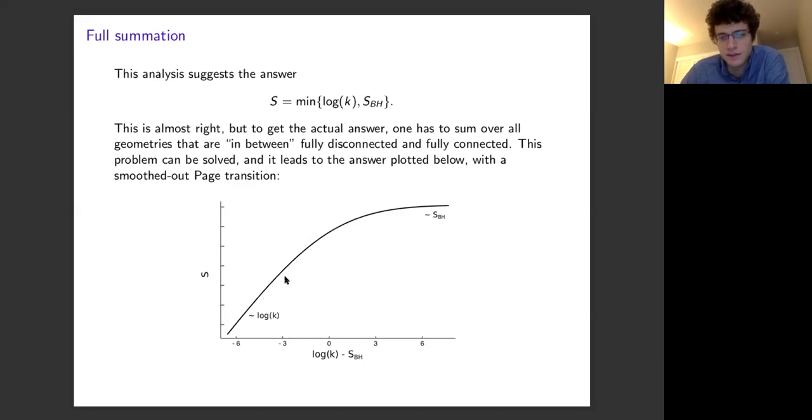There's a particular smooth interpolating function that you get by summing over all the geometries that have partial connection. The fact that you can analytically continue in n that sum is kind of a magical fact. But it can be done. Okay, so that's the end of the discussion of the entropy in this simple model.